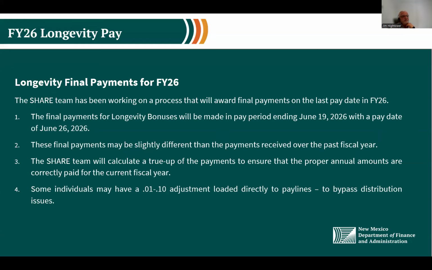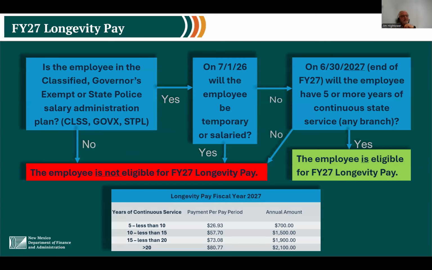For fiscal year 27, you can go to the next slide, please. So for fiscal year 27, the amounts are going to change because this year in fiscal year 27, the per pay period amounts are starting at the correct amount, whereas, like I said a few minutes ago, where we started in 2026, the amounts were slightly different.